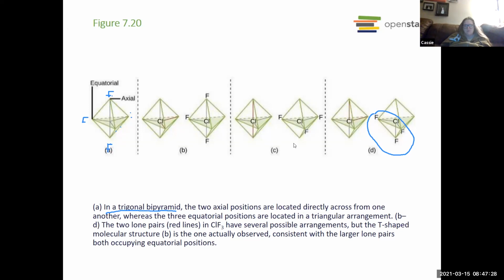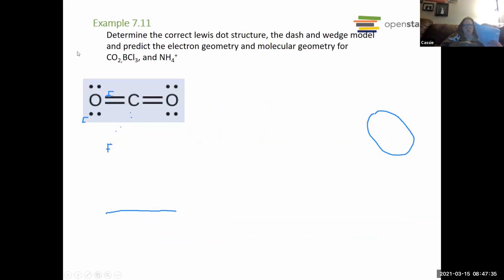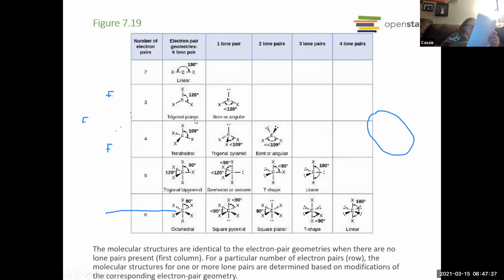Would it be the same? Nope. Let's go back. Think about it. It has 5 attachments altogether. You have 3 that are real attachments and 2 of them are lone pairs.